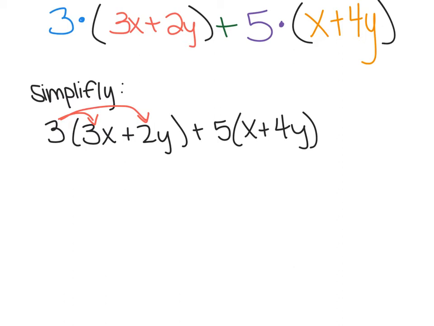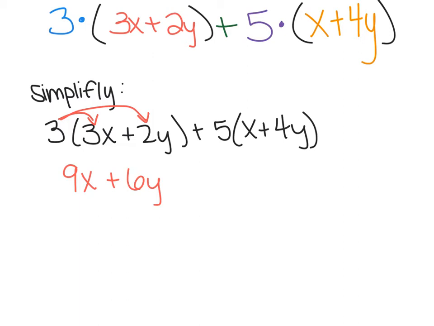Normally, order of operations tells us to start with the parentheses, but we can't add 3x and 2y because they are not like terms. So I'm going to move on to multiplication, which is what the distributive property is. So I'm going to multiply this 3 to both parts. 3 times 3x is 9x, and then 3 times 2y is 6y.